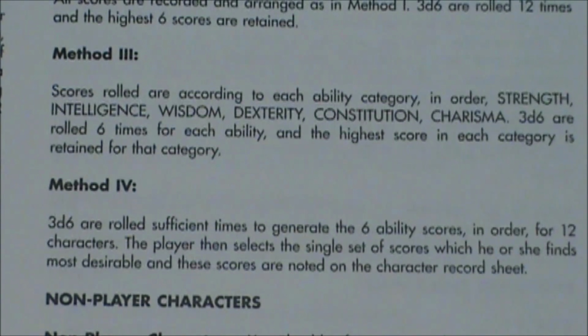Method 4. 3d6 are rolled sufficient times to generate the 6 ability scores in order for 12 characters. So you're going to make 12 guys here. And then you select the set of scores that you think best fits the idea for the character that you want to play.